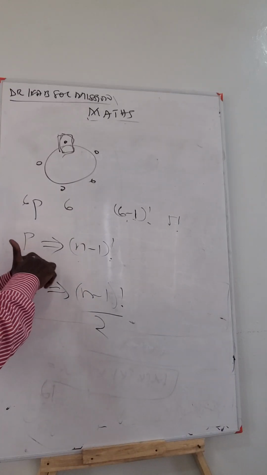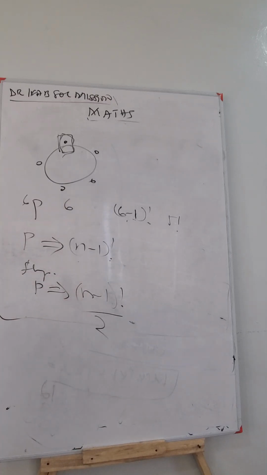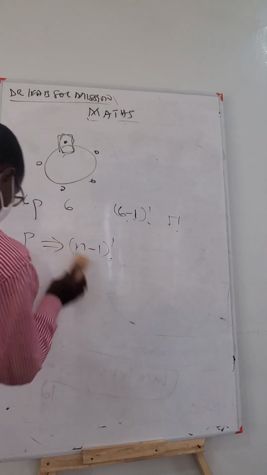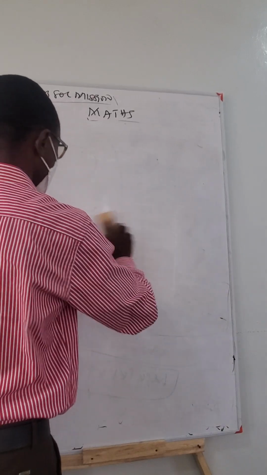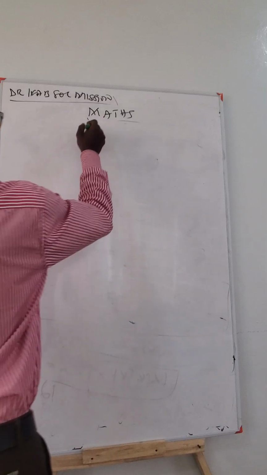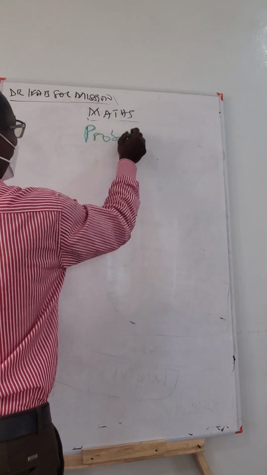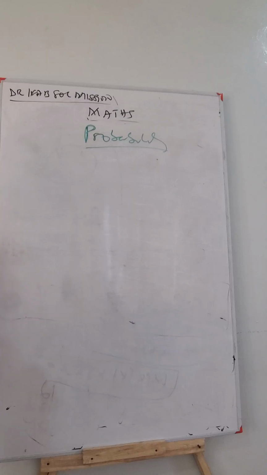The last part that we are looking at to end this section is probability. Right, so we are looking at probability in simple terms.